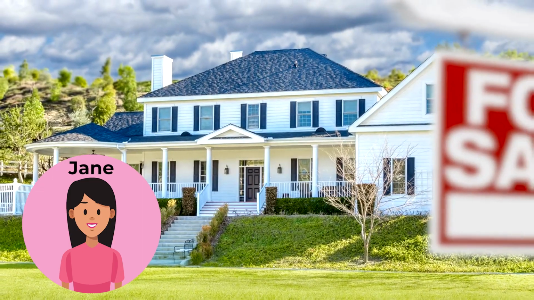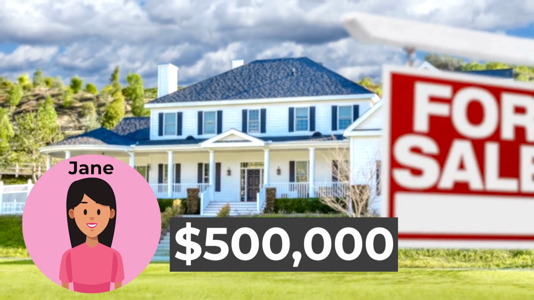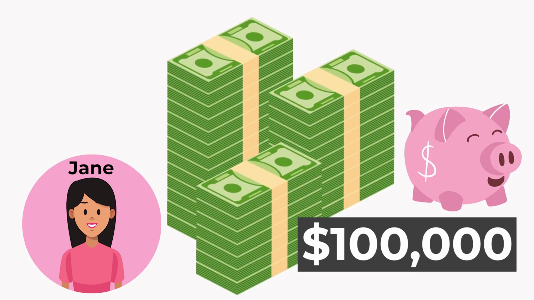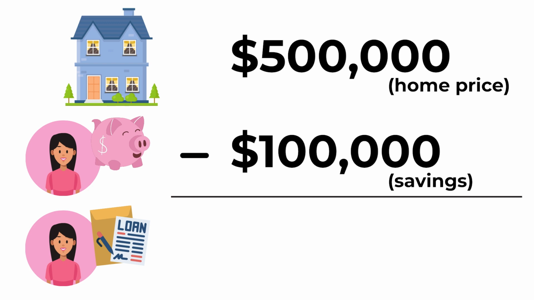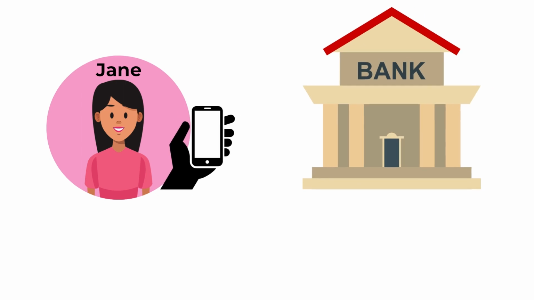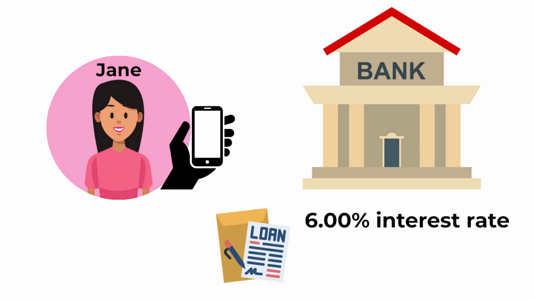Jane wants to buy a house that is selling for $500,000. Jane currently has $100,000 in her savings account to use for the down payment. So in order to buy this house, she will need a $400,000 home loan. Jane calls ABC Bank and finds out they're offering mortgage loans with a 6% interest rate and a 30-year term.